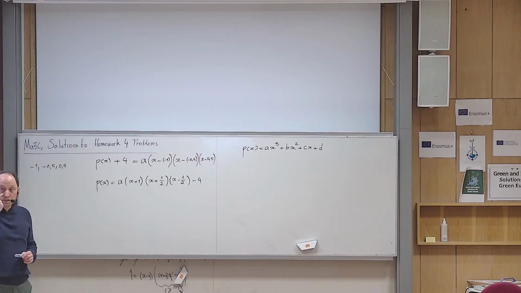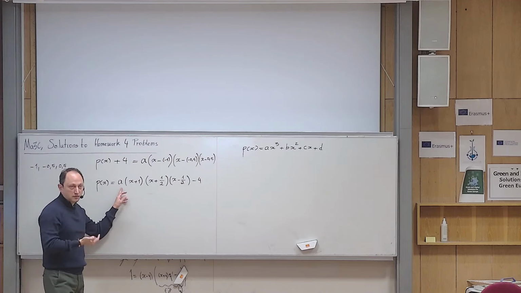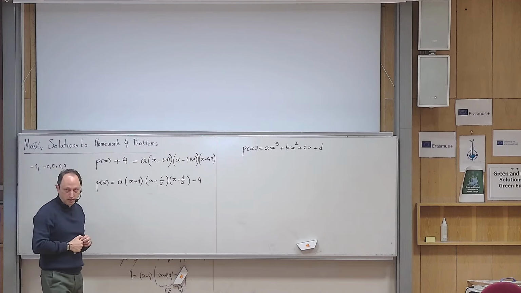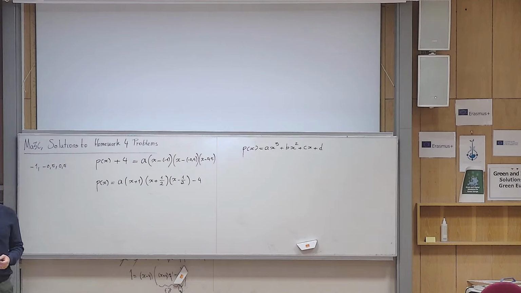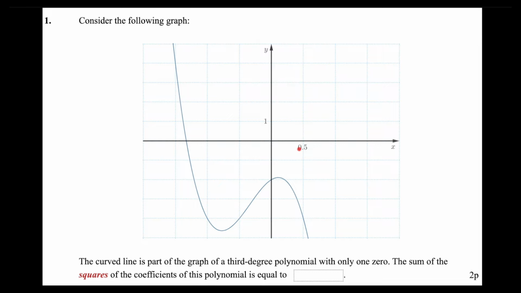But one piece of information is still needed, because a is not given to you yet. Okay? So how can I use that? I have to use another piece of information given in that problem. Okay? Be careful. I want to make sure that you understand. The blue curve that you see here is the curve of p of x.